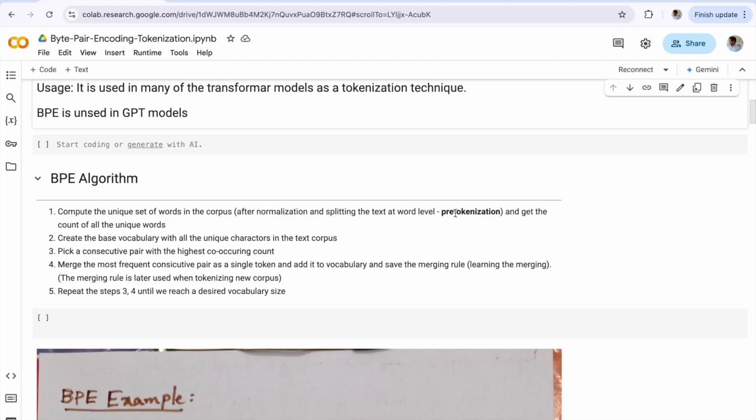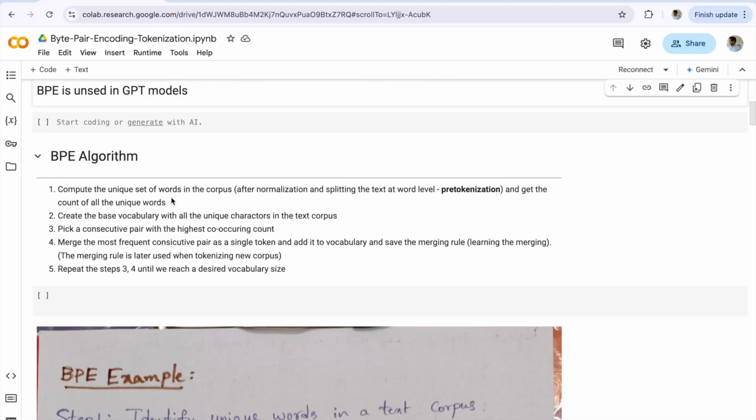That process is called pre-tokenization, and we also get the count of unique words. This count is useful when we implement the algorithm: if we keep track of the count of the words at the beginning itself, it is easy to count the number of co-occurrences instead of doing it again and again from the beginning.